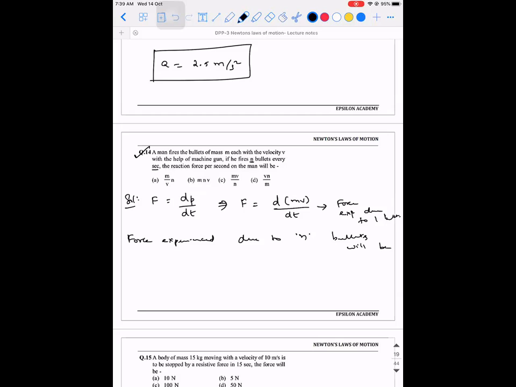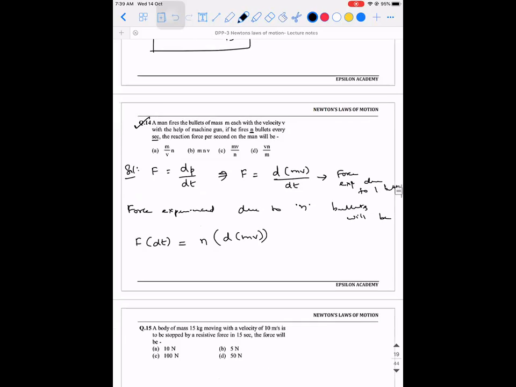So what we need is F dt is equal to n into the derivative of mv, that is, change in momentum. So F, since they are asking force per second, this is the force that is acting per second, is equal to small n into the change in momentum, final momentum minus initial momentum.